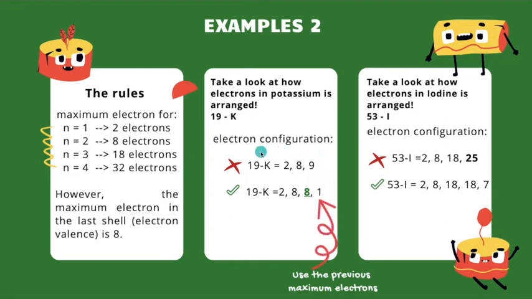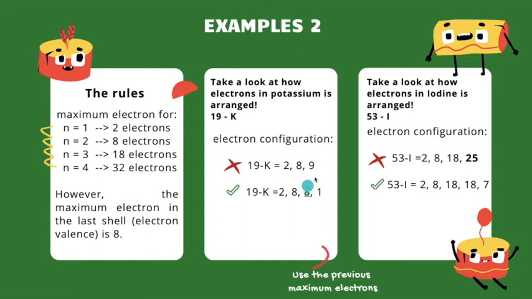It seems already correct, but we have another rule that says that for the electrons in the last shell, elektron di kulit terakhir, di paling belakang, the maximum is only 8. So the third shell should have a maximum of 18 electrons.